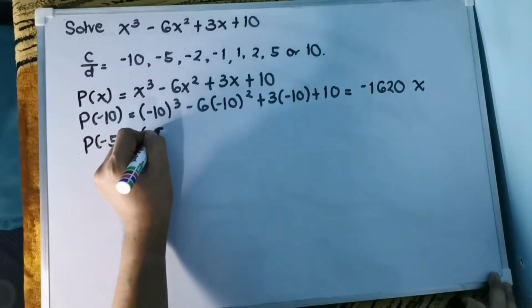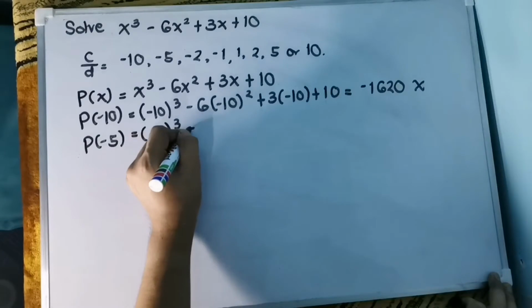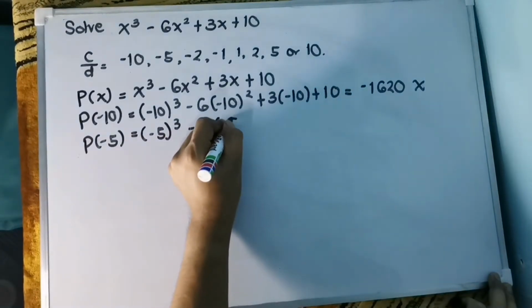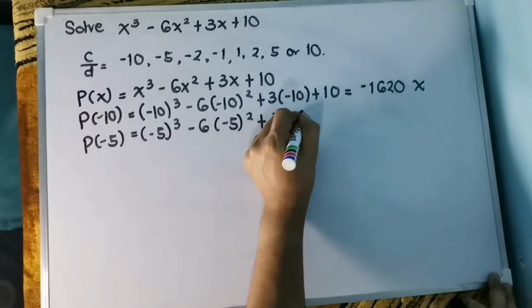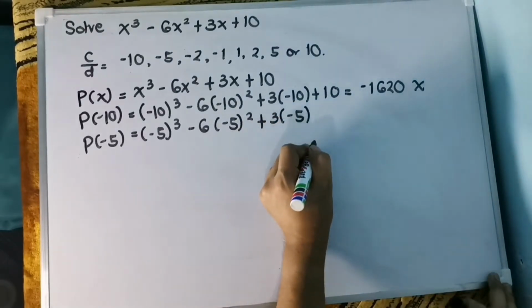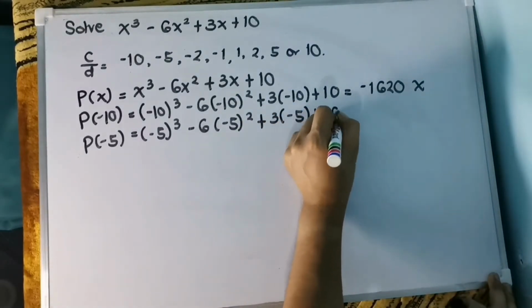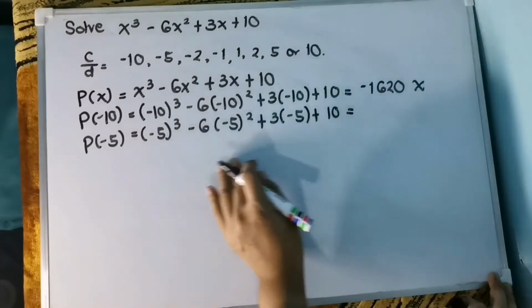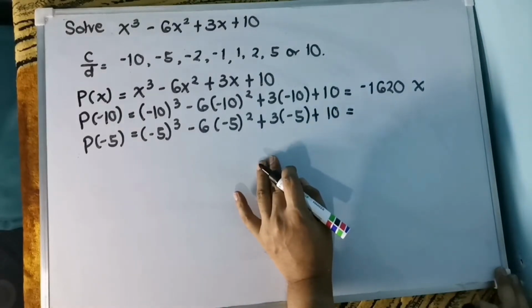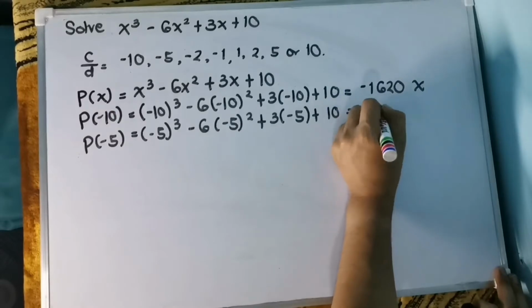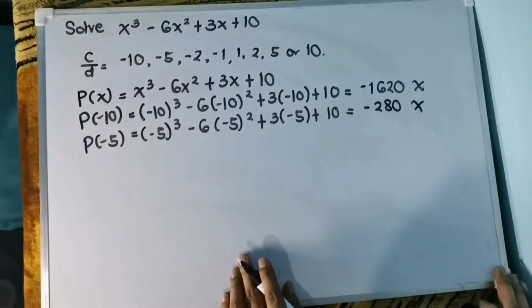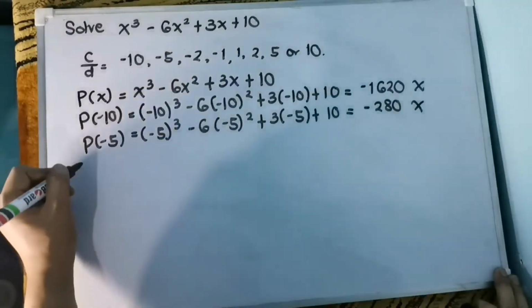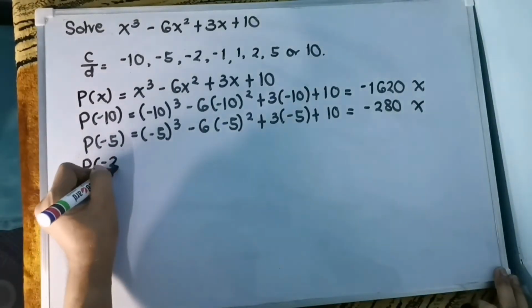That is negative 5 cubed minus 6 times negative 5 squared plus 3 times negative 5 plus 10. And then kapag sinolve nyo to, ang magiging result ay negative 280. At hindi rin ito ang ating hinahanap. So let's try negative 2. So p of negative 2.